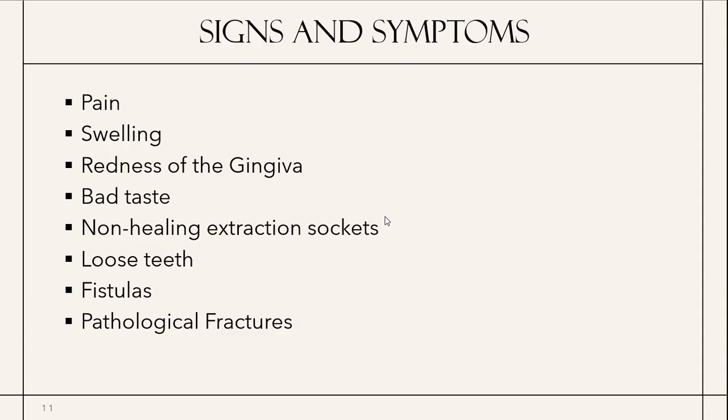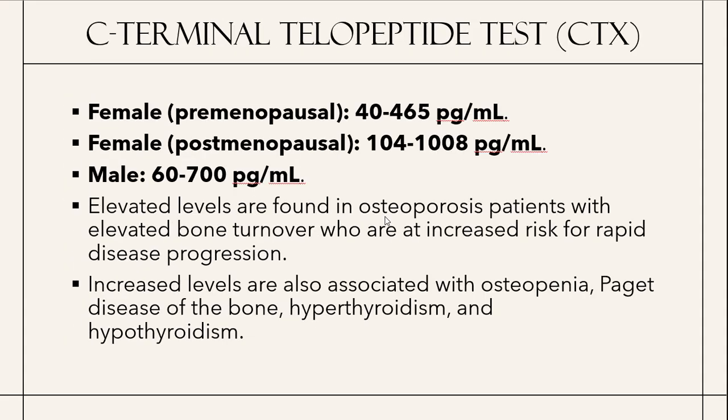Now, there is something called the C-terminal telopeptide test, CTX. Now, this is usually between 40 to 465 in premenopausal females, 104 to 1000 in postmenopausal females, and 60 to 700 in males.